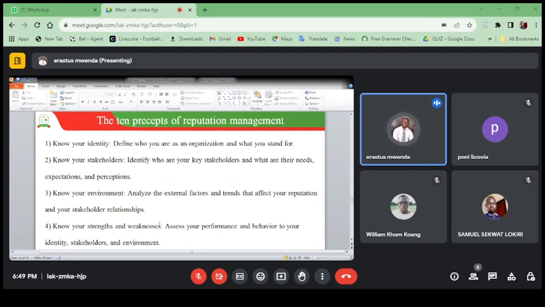So once you know your identity, define it and explain it to everyone so that they can understand. And also know your stakeholders. Who are your key stakeholders? In a healthcare organization, key stakeholders would be the patients, donors, or people you are collaborating with.